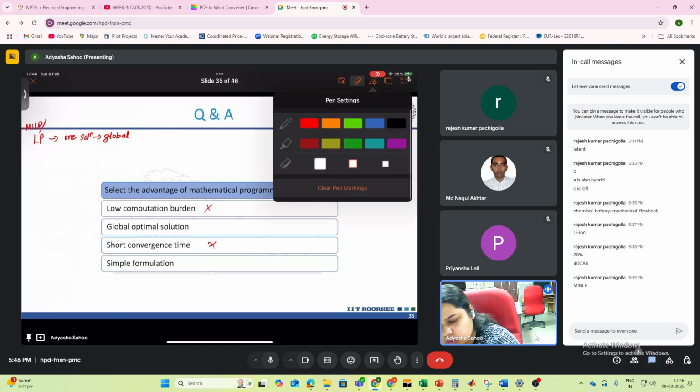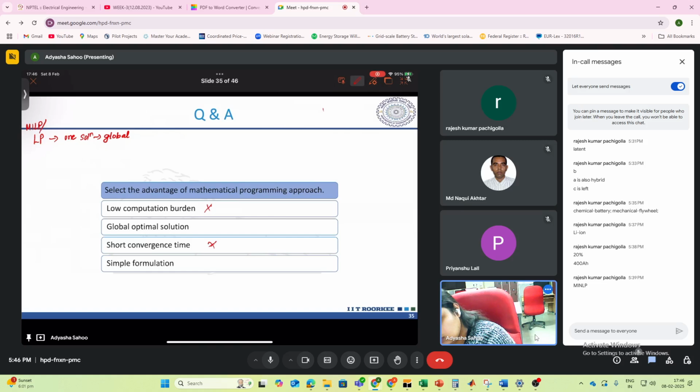If it is a minimization problem, it will be something like this, and this is your global optimal solution because your function is minimum at this point.